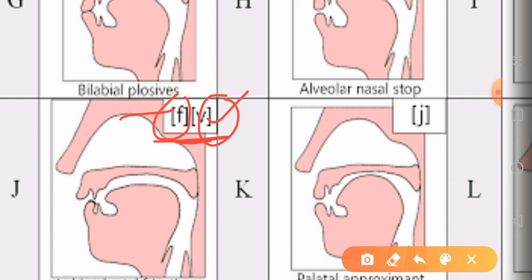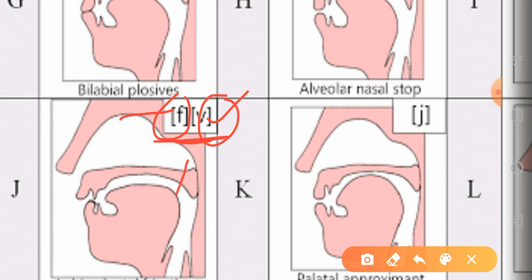So first please listen to the pronunciation or articulation. What I do, I place the upper teeth at the lower lip, and the outgoing air is restricted.